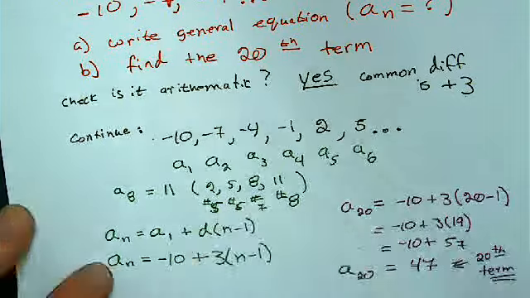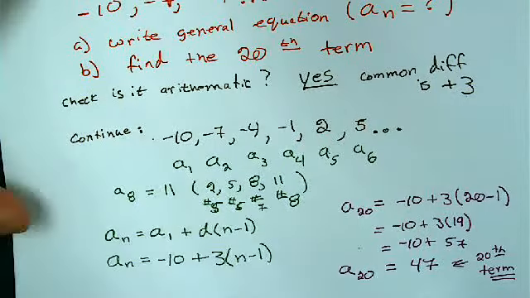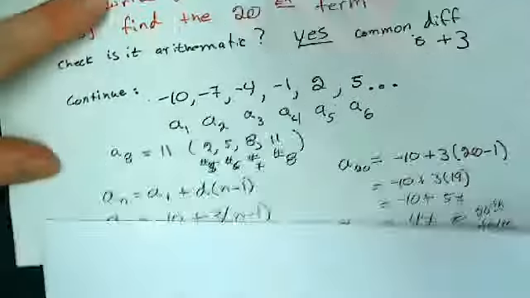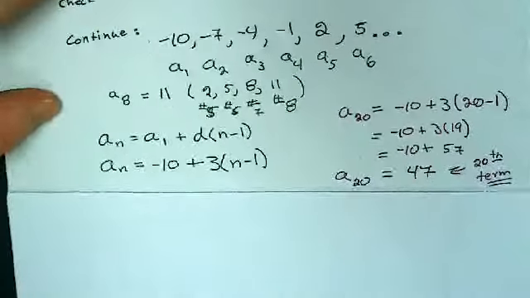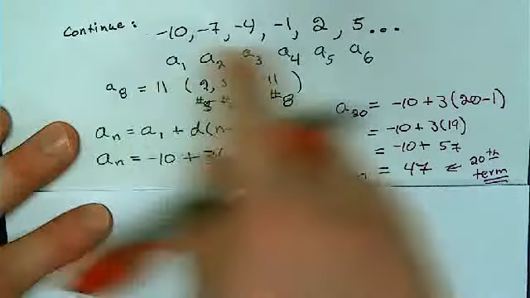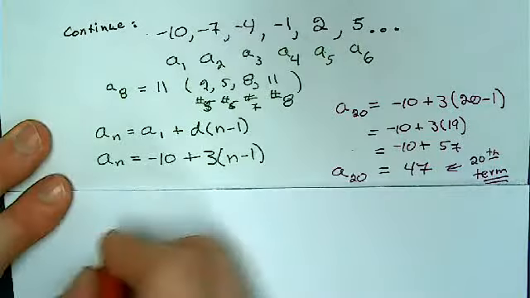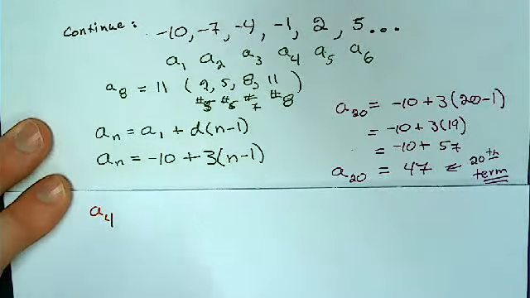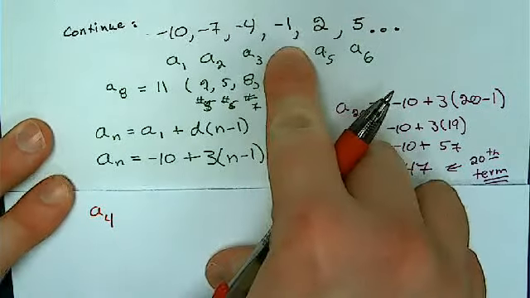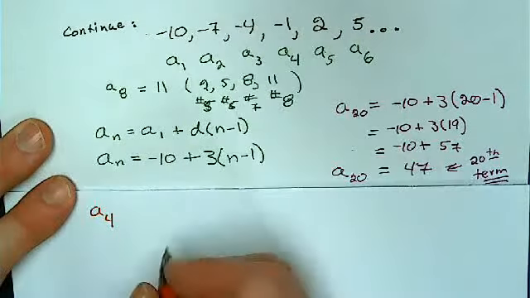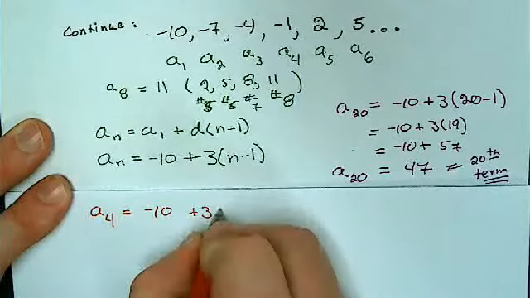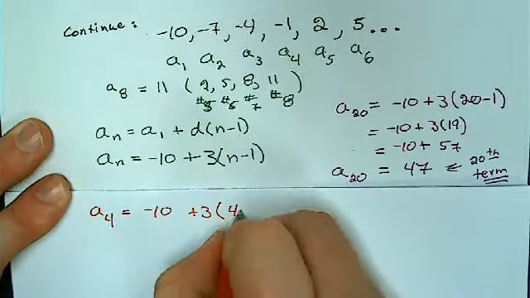Let me show you one other way of maybe helping solidify this. Here's my sequence still. I want to talk about A4, the 4th term. I know from working it out that's -1. Let's verify that that works. -10 plus the common difference of 3 times 4 minus 1.